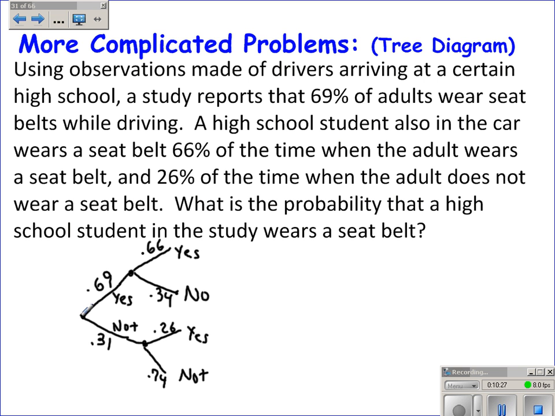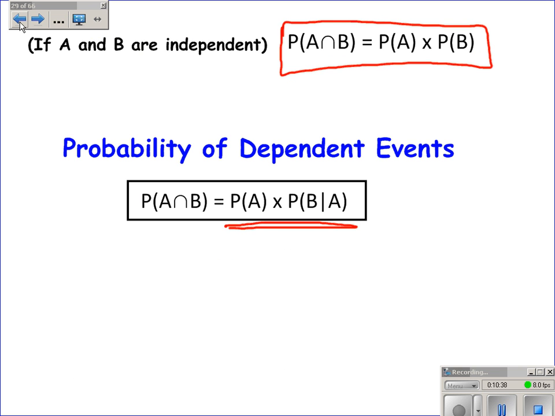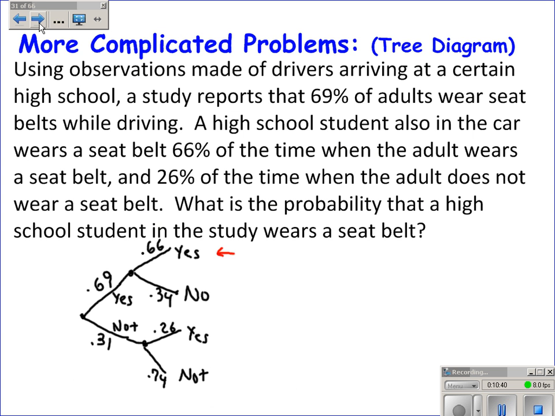Okay, now we can look at the probability of each branch, or leaf, if you want to call it that. Just like in this formula, we multiply them together, so you multiply as you go through the tree. So this happening is 0.69 times 0.66, which is 0.4554.